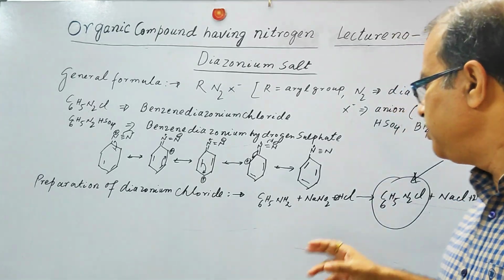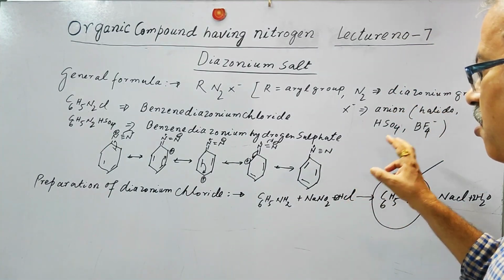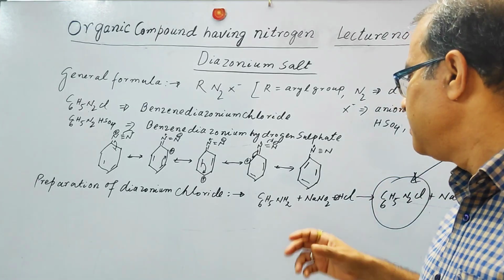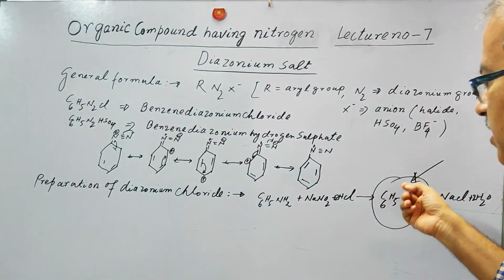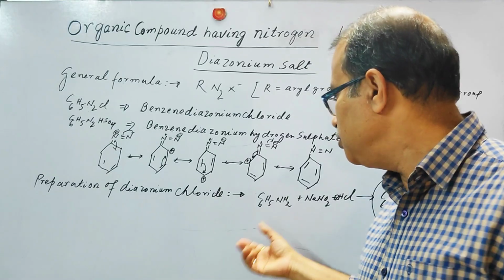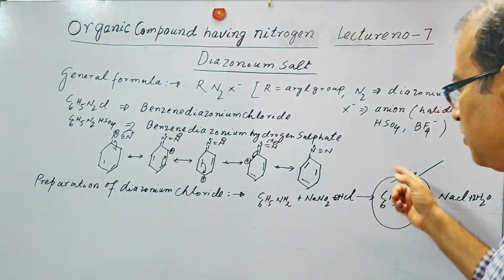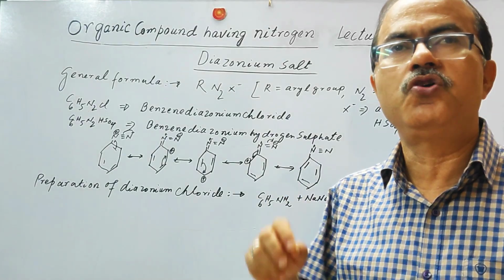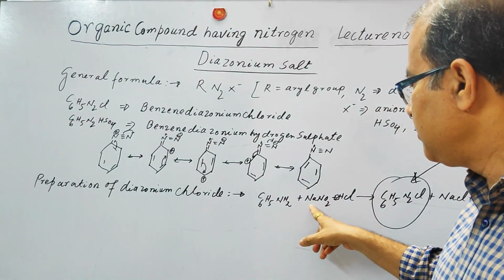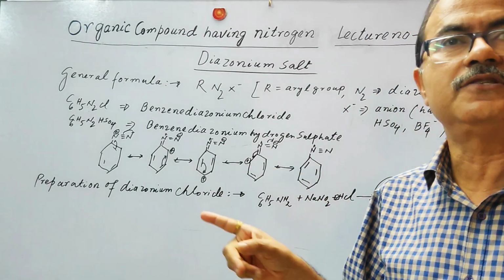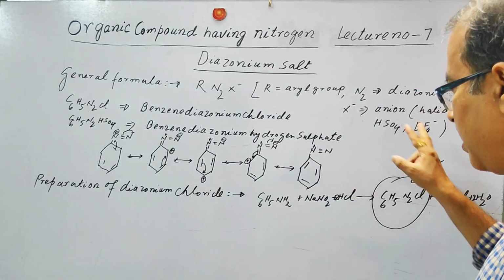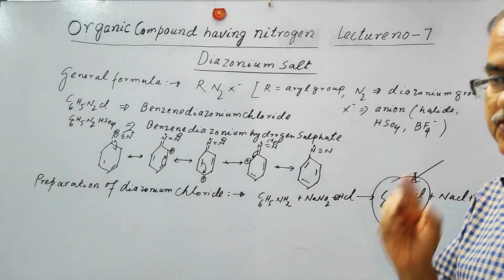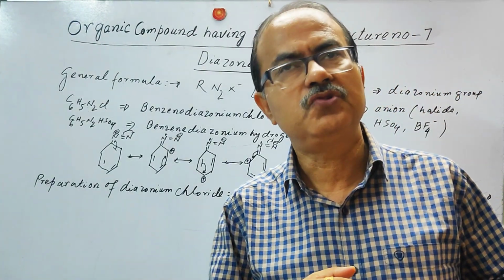In this reaction you require more acid than the amine, because one molecule of acid is required to dissolve the amine, one molecule is required to produce the nitrous acid, since nitrous acid is produced by the reaction of NaNO2 and HCl, and one molecule is required to maintain a proper pH of the solution.